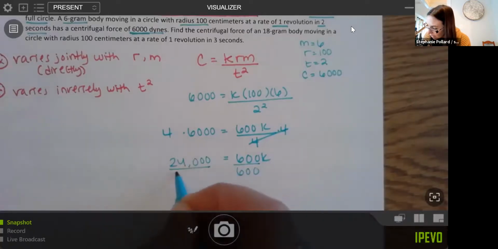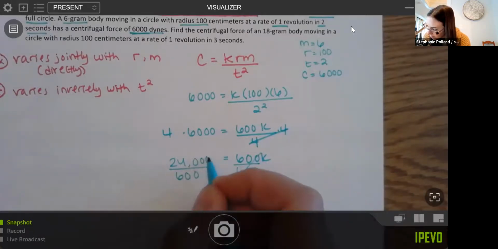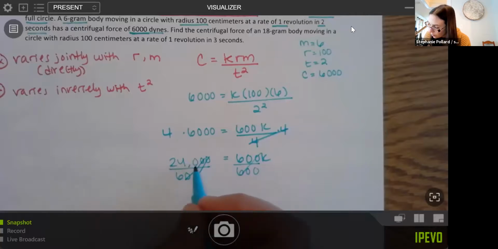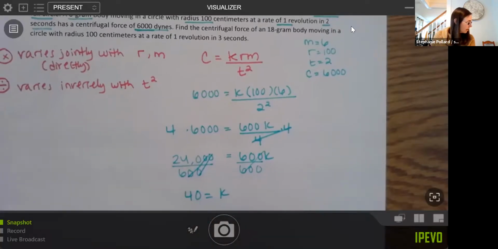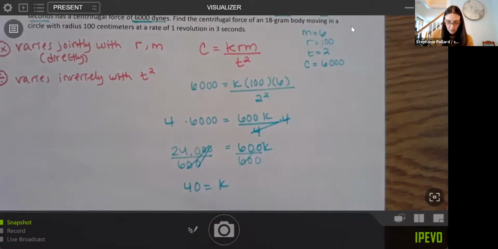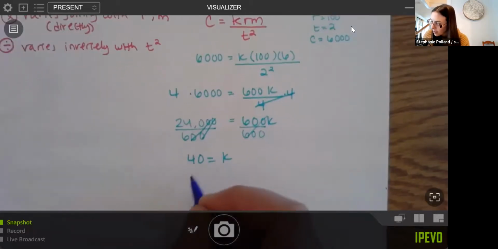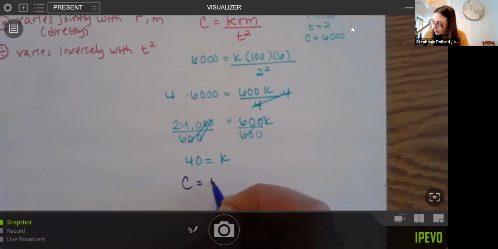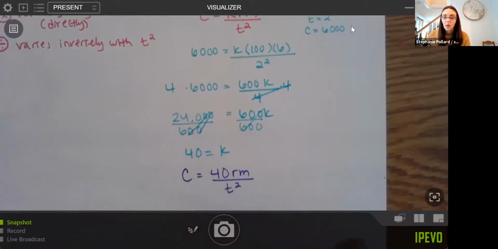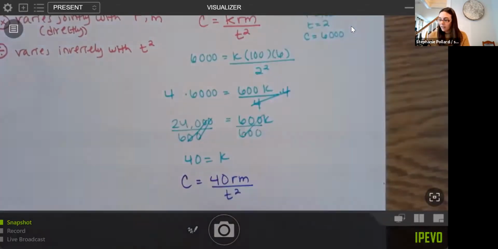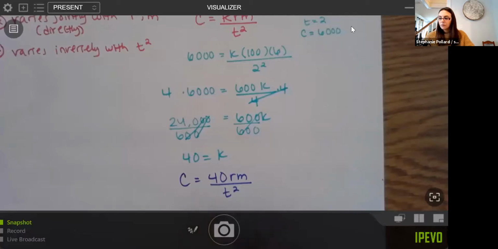And then I go ahead and divide both sides by 600. So I have 240 divided by 600. So I'm looking at my K value of 40 here. So my formula becomes C equals 40 RM over T squared, just going back to that original problem and filling in with my 40.